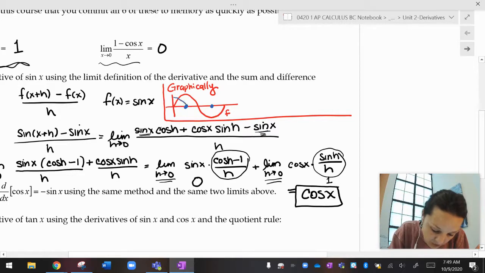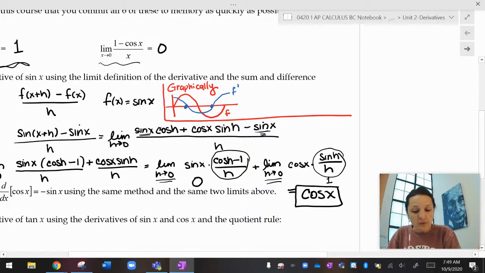I have to increase, decrease, increase, and now I have the derivative. I have f prime, and if you look at that, f prime definitely looks a lot like the graph of cosine, okay? But in the end, you need to know that the derivative of sine is cosine.